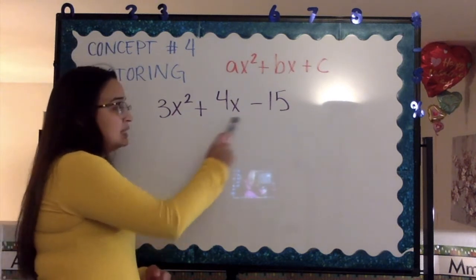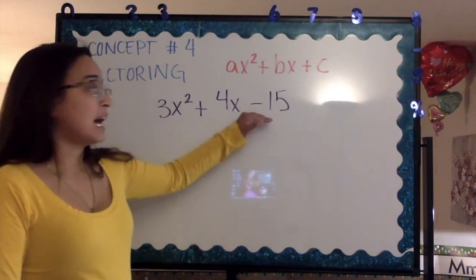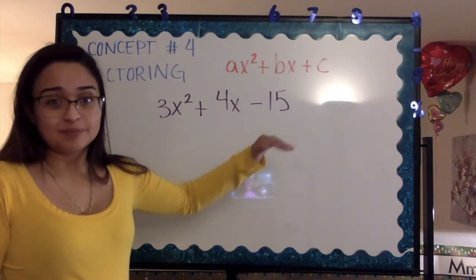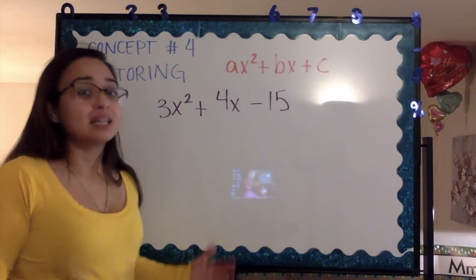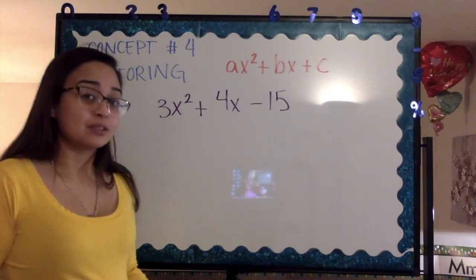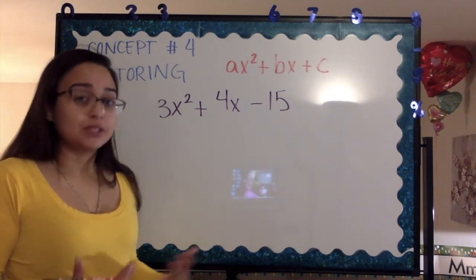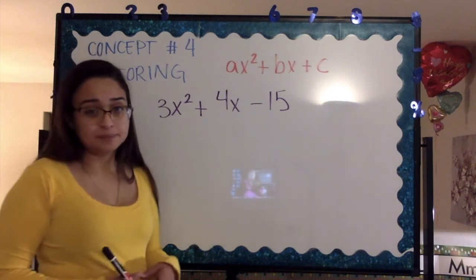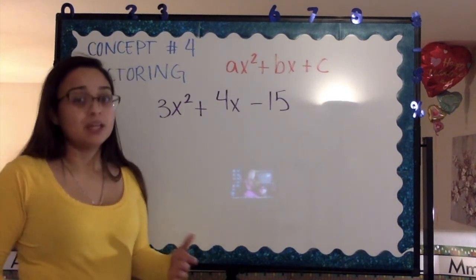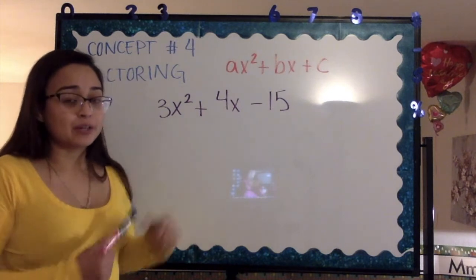As you can see here, we have a negative, meaning that this time around, we're going to have to be mindful of our signs. Okay? So, let's start off with our example.